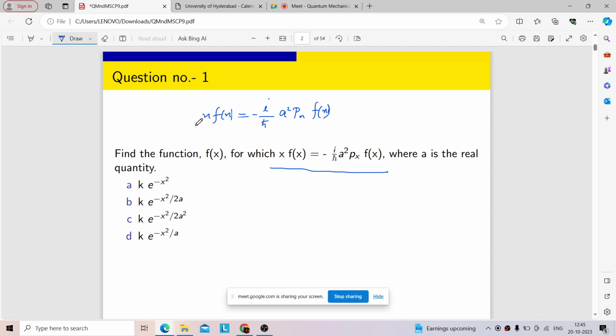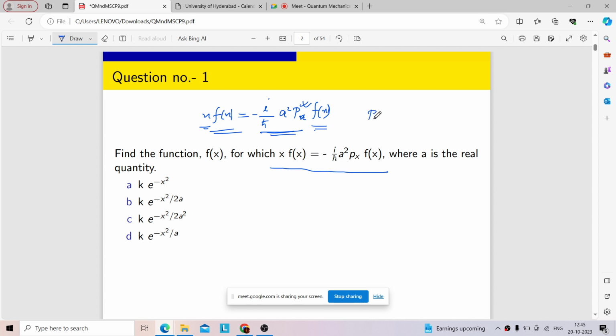As you can see clearly, there is f of x on both sides. That means it's an eigenvalue equation, and you can identify easily that there are two operators here, left hand side and right hand side. If we are dealing in coordinate space, then this momentum operator will have some form in terms of the coordinate basis.